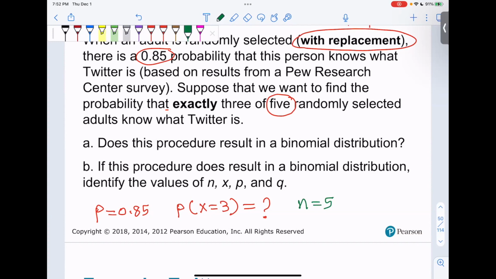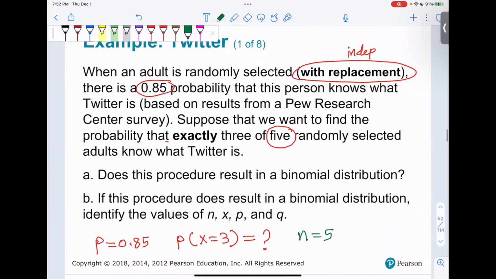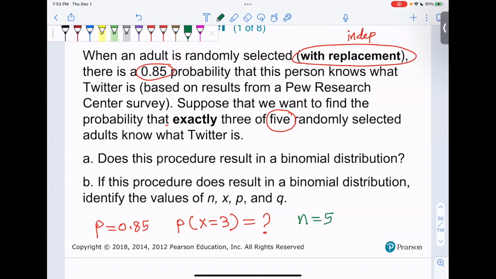Okay, does this procedure result in a binomial distribution or not? Let's see the 4 conditions. 1, a fixed number of trials, which is yes, we have N equal to 5, clear. 2, independent, which is yes, they said with replacement, so independent.